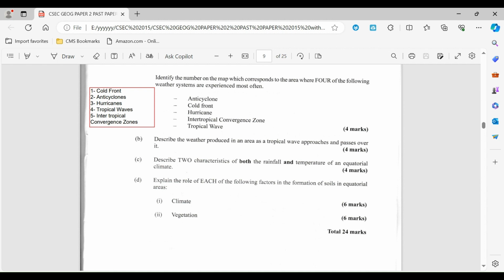And then remember that the climate, especially the rainfall, helps with leaching, so all the nutrients from the topsoil are leached down into the different horizons in the soil profile, right? So vegetation and climate play their different roles in influencing the formation of soil in the equatorial region.